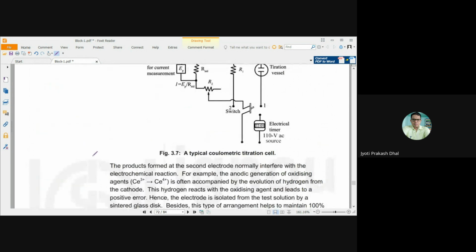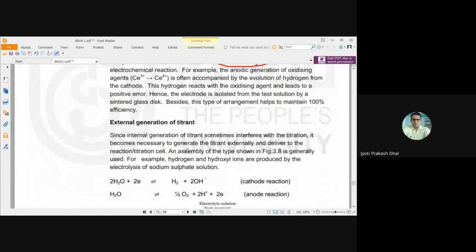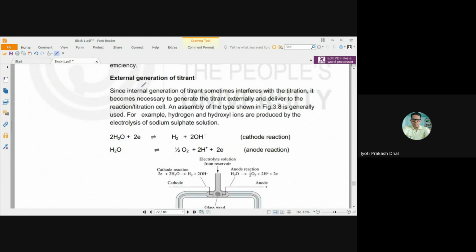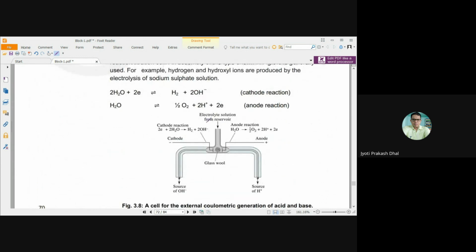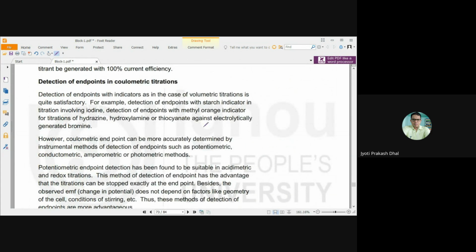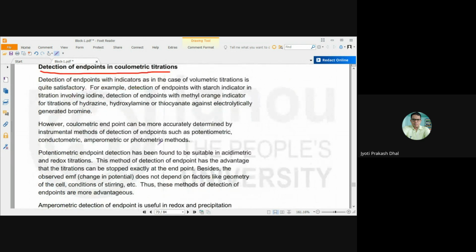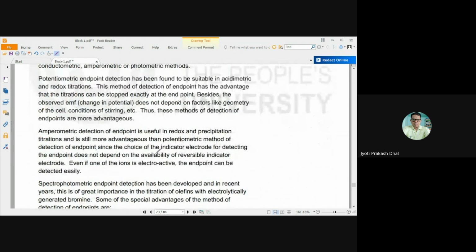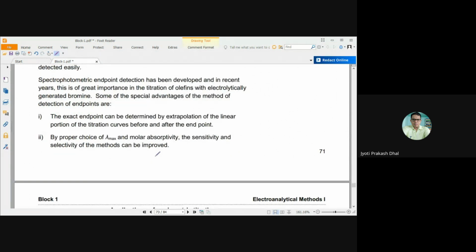So this is the cell assembly. This is a typical coulometric titration cell. This is the assembly of the cell, then external generation of the titrant. So what is happening inside that? And here this is the detection of endpoint in the coulometric titrations. That can take place with the help of an indicator, or it can take place spectrophotometrically.